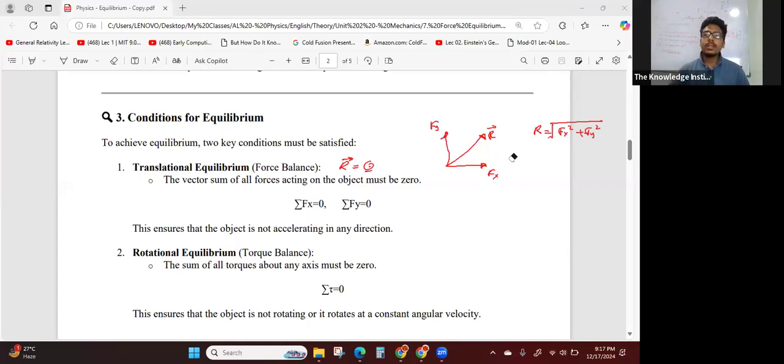So when we do that, the total horizontal component Fx should be 0, and Fy also must be 0. Or in other words, we can say simply the resultant R must be equal to 0. To achieve translational equilibrium, R must be equal to 0. So that is the first condition to achieve equilibrium.